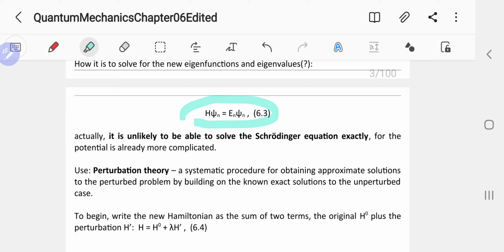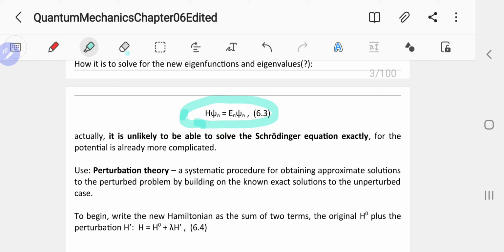We just get the first order correction, because we're dealing with very small lambda, and it would be a good approximation if we consider the first order correction.